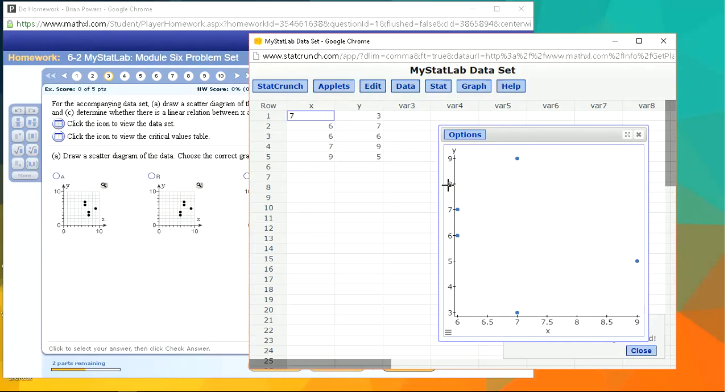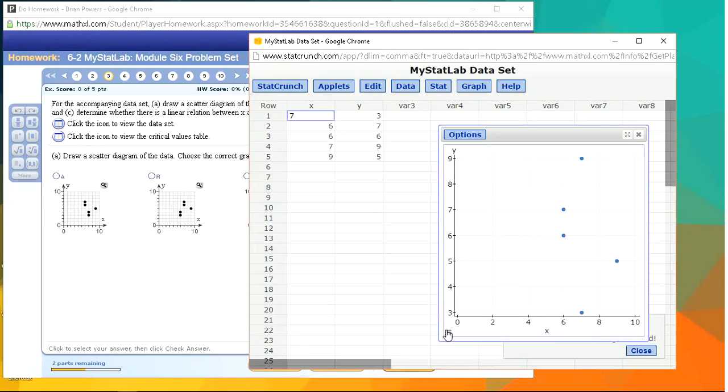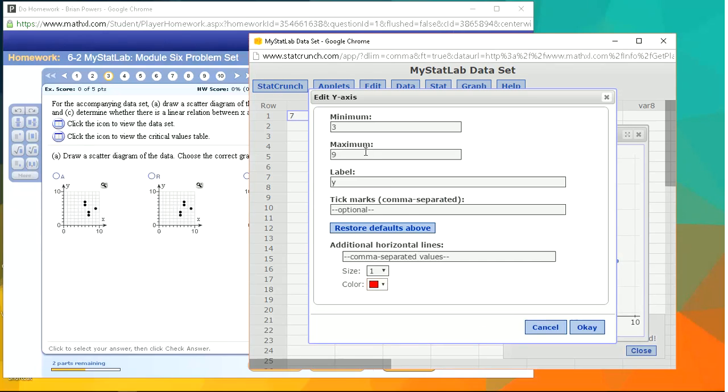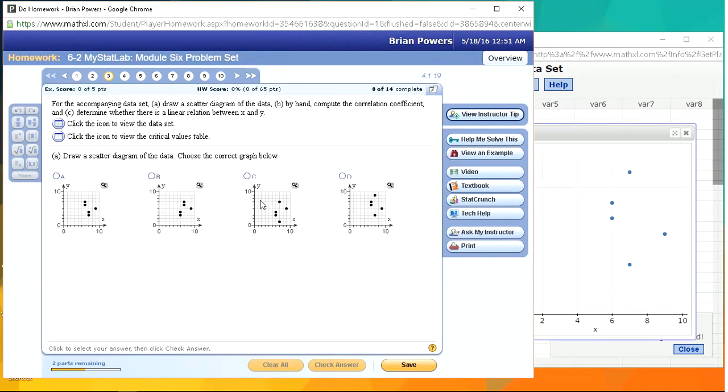Oh, here's the thing though, it's not going to look exactly like this, because the axes cross. When I click down here, I get some options for the x-axis and for the y-axis. So if I set the x-axis to go from 0 to 10, and if I set the y-axis from 0 also to 10, what we're going to have in this picture is going to very much look like one of these plots.